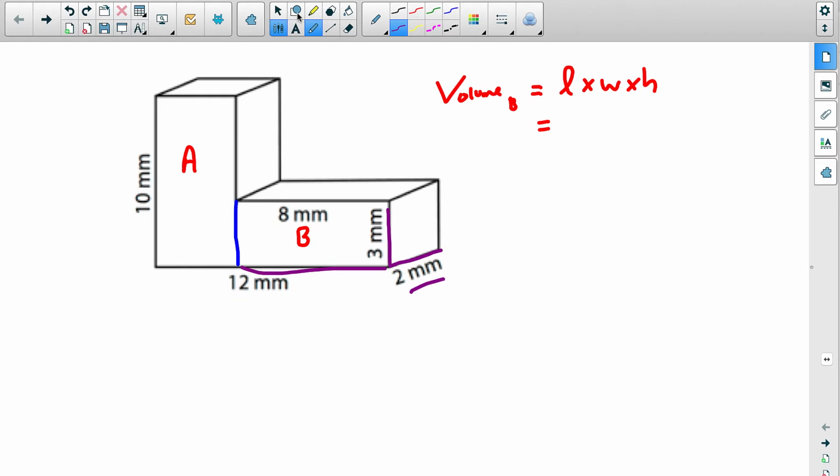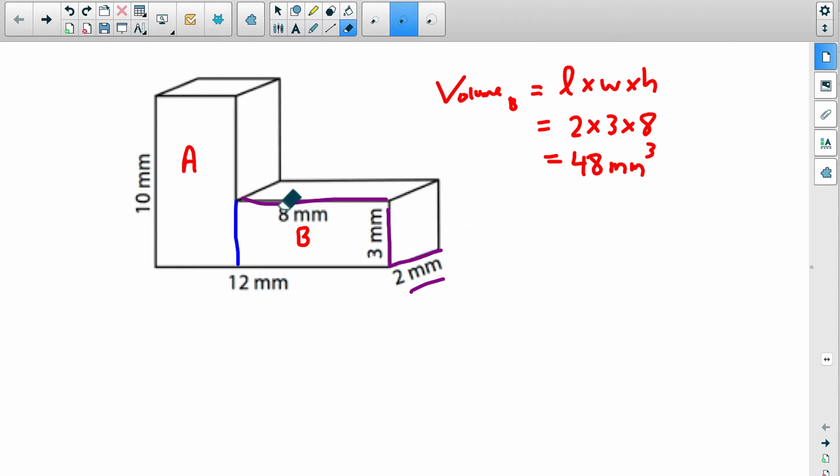Well, if you look, that length right there is exactly the same as this length here. It is exactly 8 millimeters. So all we have to do for this piece is multiply the 2 times the 3 times the 8. 2 times 3 is 6 times 8 is 48. 48 what? Well, we're talking about volume, so it's going to be cubed. So it's 48 millimeters cubed.